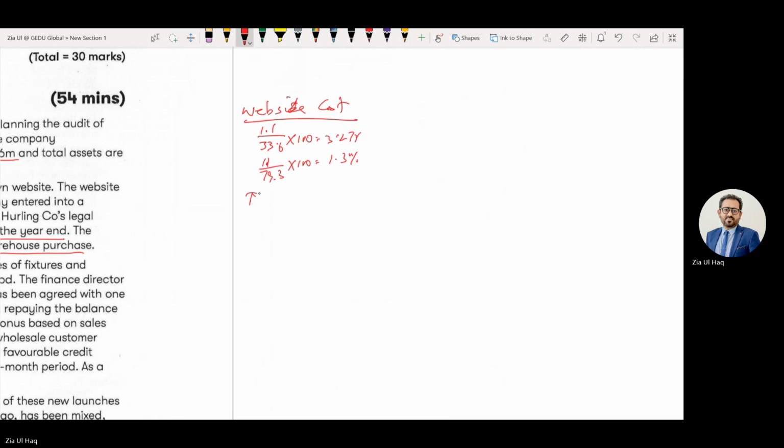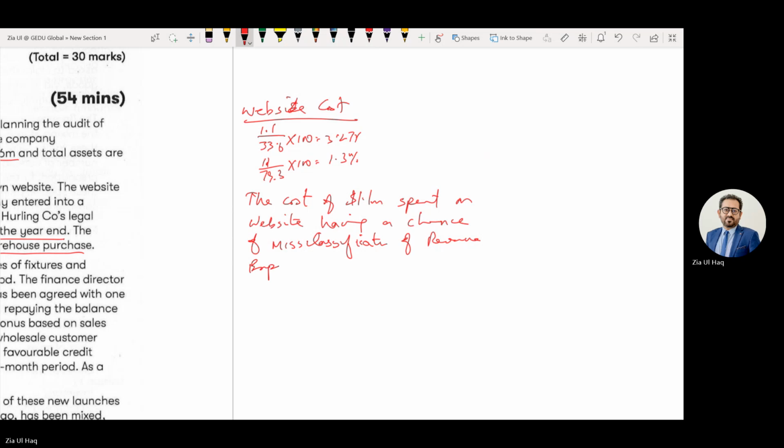The cost of $1.1 million spent on the website has a chance of misclassification of revenue expenditure and capital expenditure.